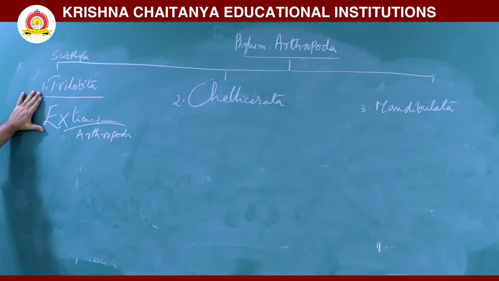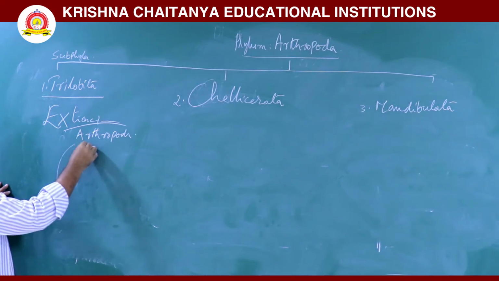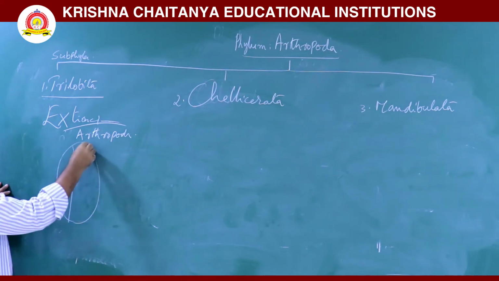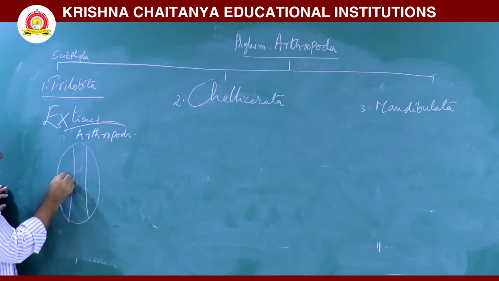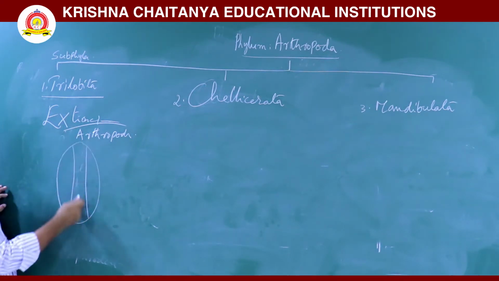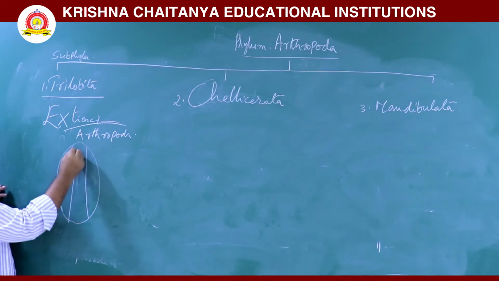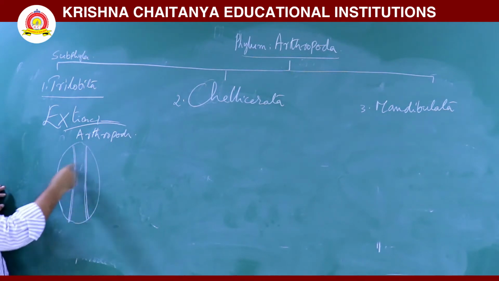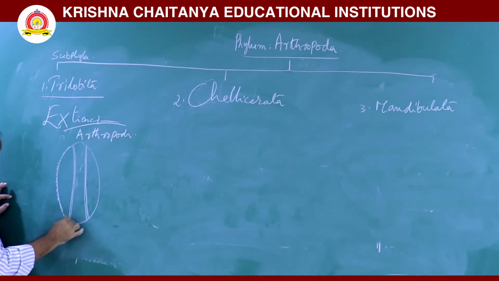Next, here the body is divided into three lobes.